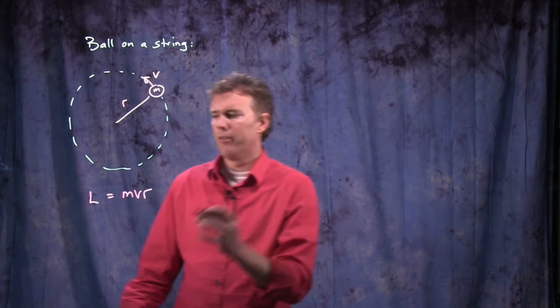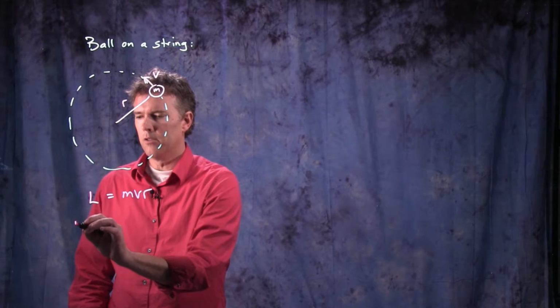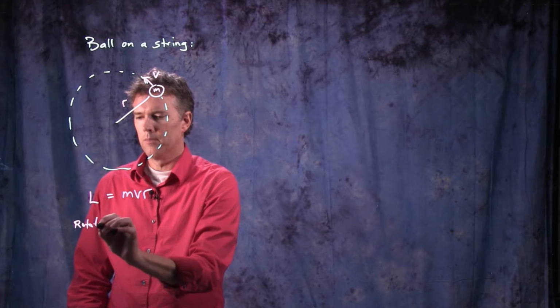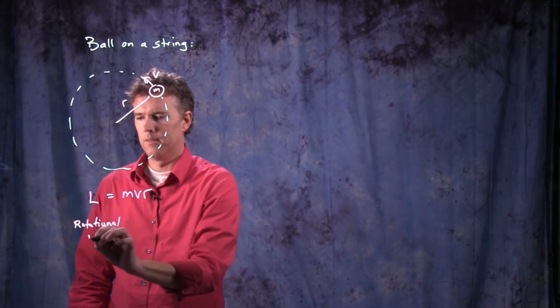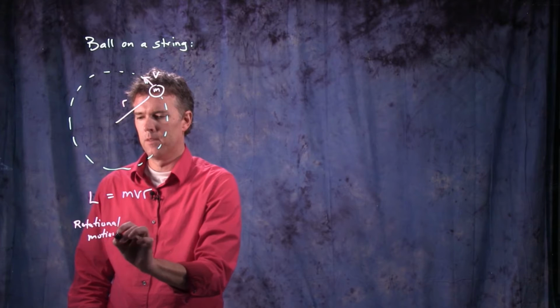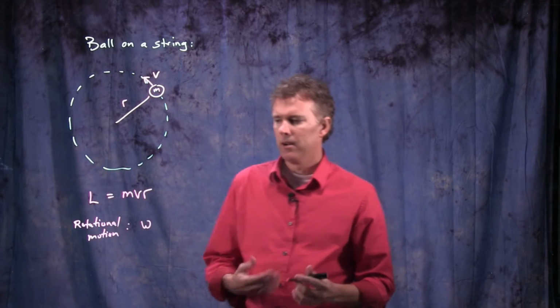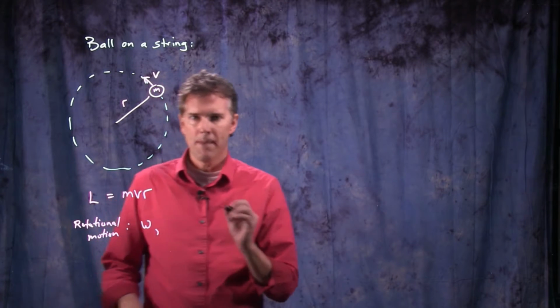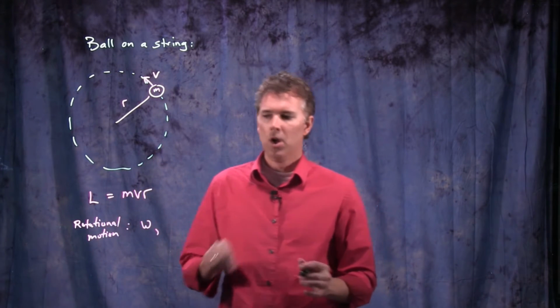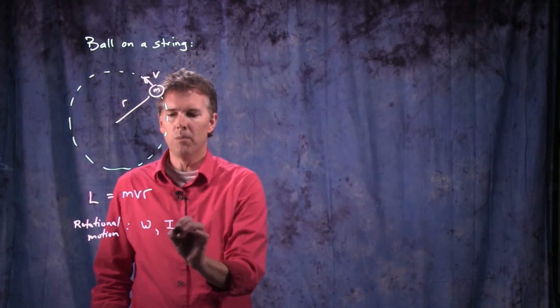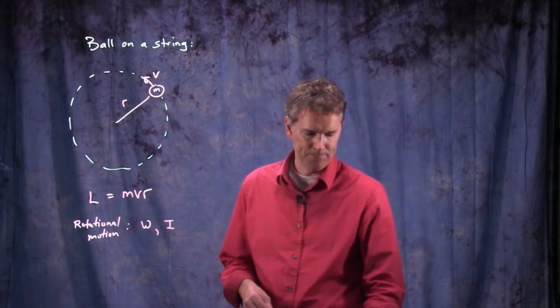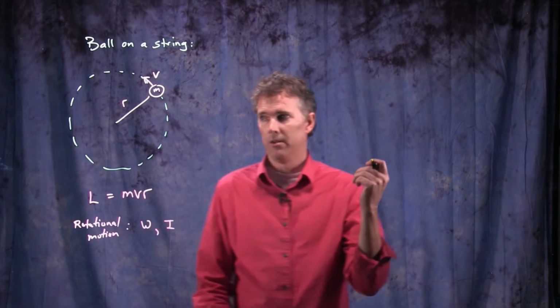One of the things that we know for rotational motion is we like to use omega instead of v. The other thing that we talked about is instead of mass in rotational motion, we should really use moment of inertia, I. So how do these two things tie together?